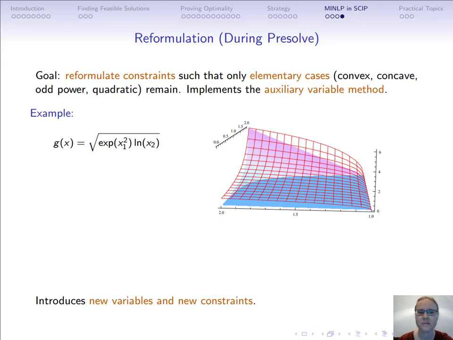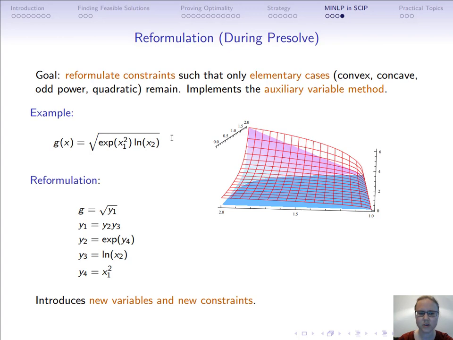For example, here is a constraint which has this rather ugly function, which cannot be handled explicitly right away. Therefore, we have to break it down into several other constraints. So, for example, here we see the square root. We can handle that.